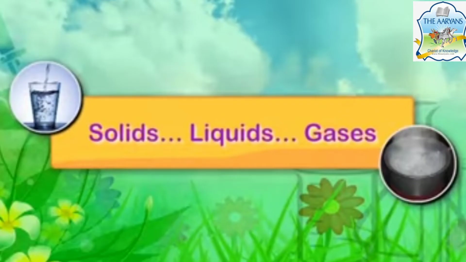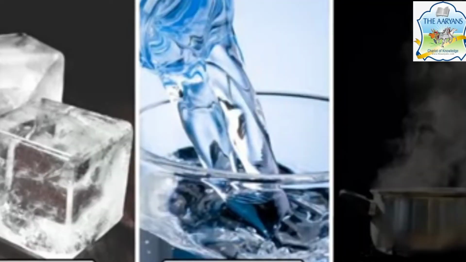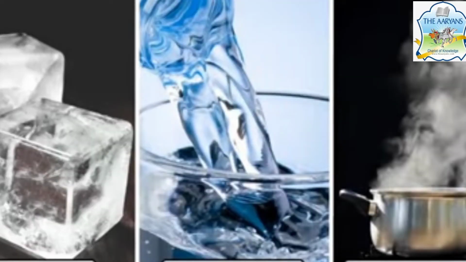Now let's talk more about the three states of matter, that is solids, liquids and gases. As you can see in the picture, ice is the solid form, water is the liquid form, and steam is the gaseous form.